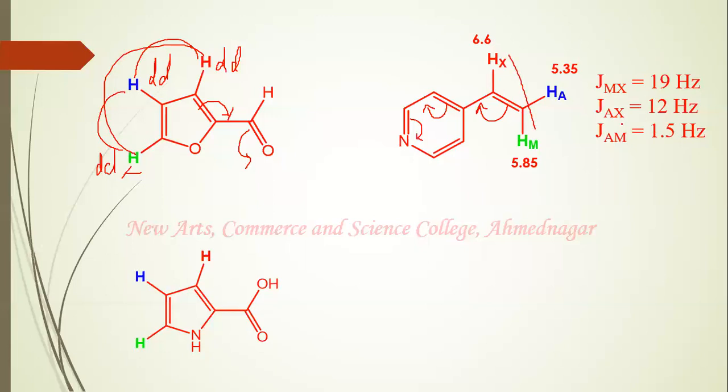JAX is the AX cis coupling, the cis olefinic coupling, 12 hertz, and this geminal coupling constant value is very small, 1.5 hertz. So here the coupling constant values are comparatively larger, but the chemical shift values are comparatively close. Such closeness of the chemical shifts and the larger coupling constant values will complicate the spectrum.